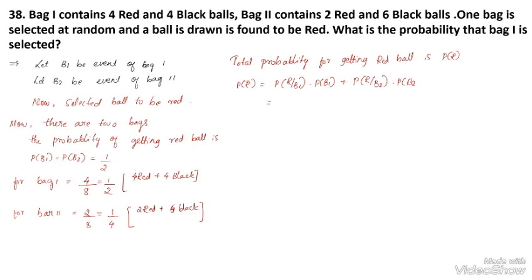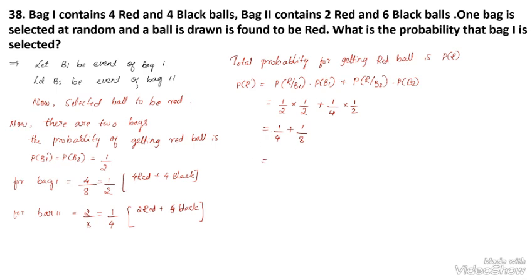Probability of red ball from bag 1 is 1 by 2, into probability of B1, which is also 1 by 2. Probability of getting a red ball from bag 2 is 1 by 4 and probability of B2 is 1 by 2. 1 by 2 into 1 by 2 becomes 1 by 4, plus 4 twos are 8, 1 by 8.